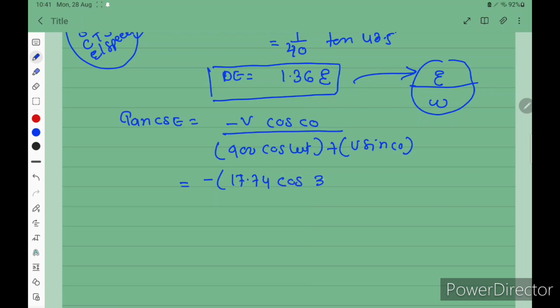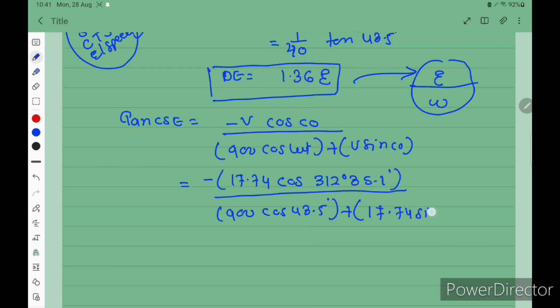Cos 312 35.1 divided by 900 cos 43.5 plus 17.74 sin 312 35.1. So we get minus 1.07 west.